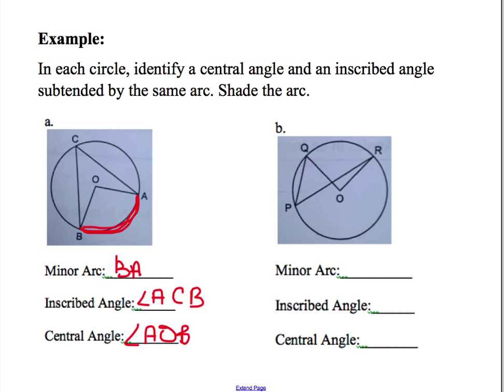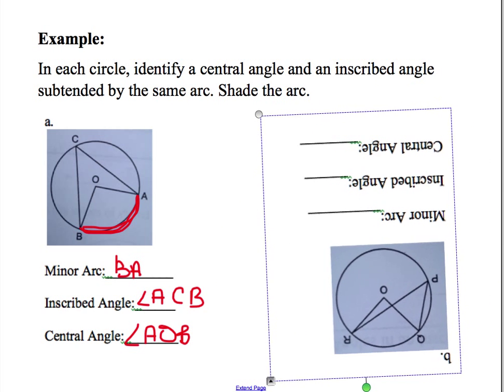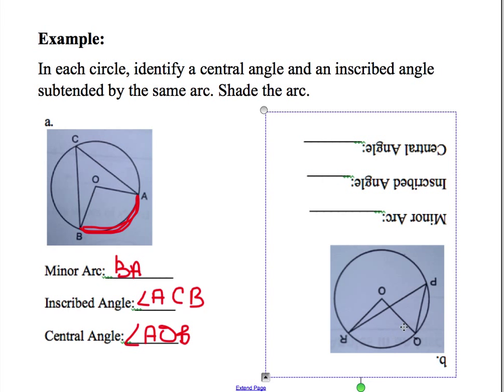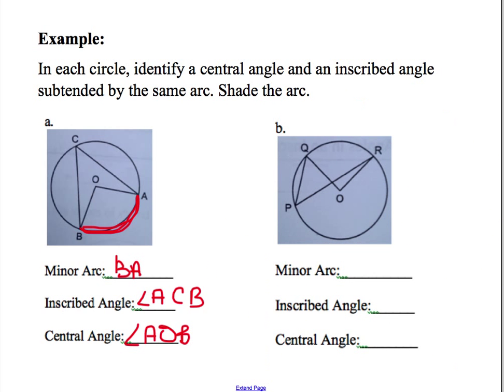Sometimes it's easier to flip it upside down so your minor arc's on the bottom so that you can actually see the point. Okay, if that helps you, please feel free to turn your paper around. Always rotate your circles to give it a different perspective.